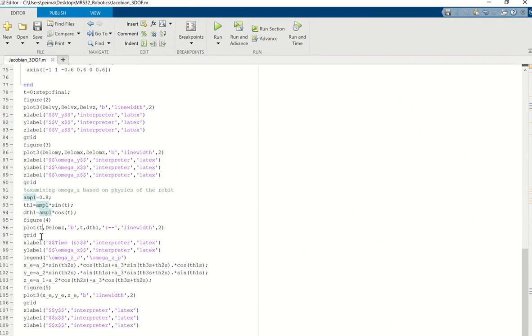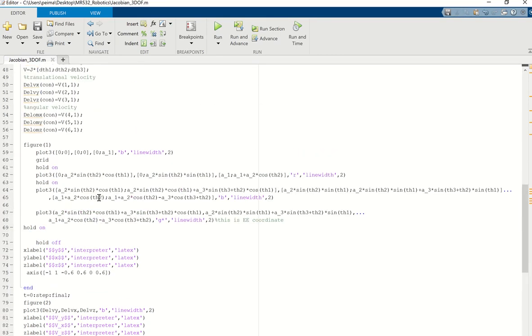Then in figure 2, based on the Jacobian approach, plot the omega z of the end effector and theta dot 1. They must be the same. If they are the same, it means that the Jacobian matrix that you have made is the right answer.